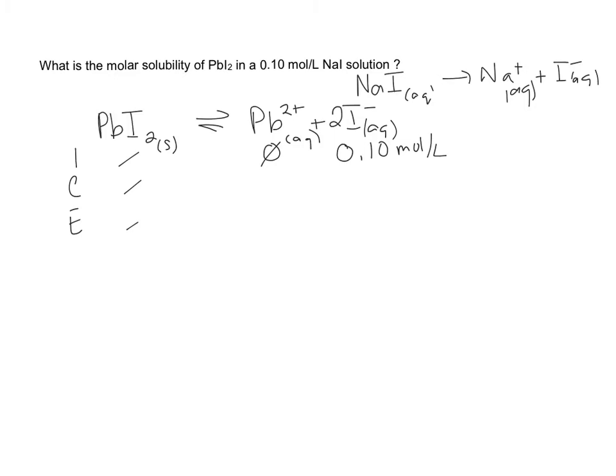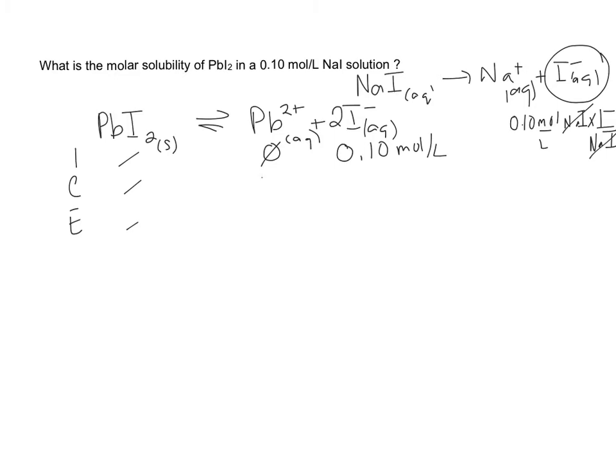We do not multiply this by 2 because we use the coefficient from the sodium iodide. So 0.1 mole per liter sodium iodide times 1 iodide per sodium iodide. So you have to use the coefficient from your other solution, where you got the common ion from.